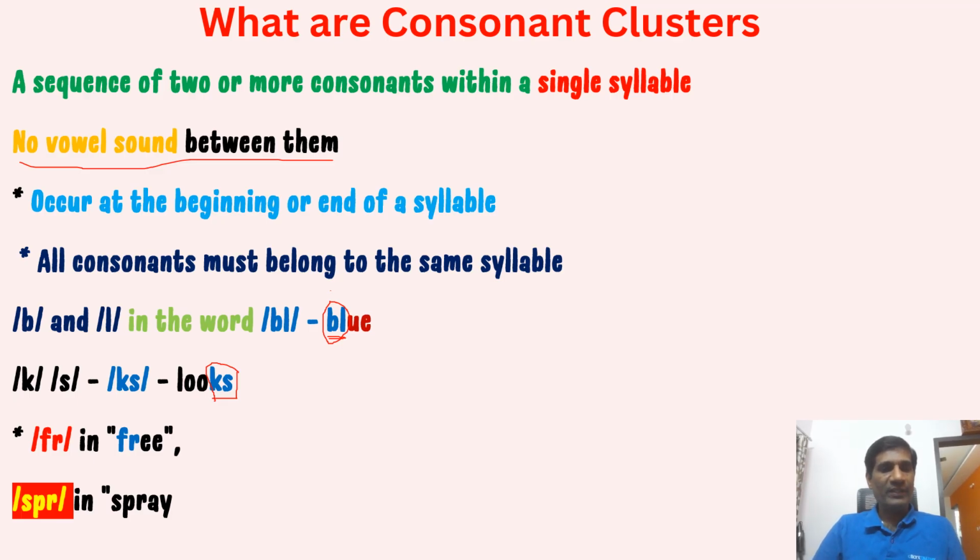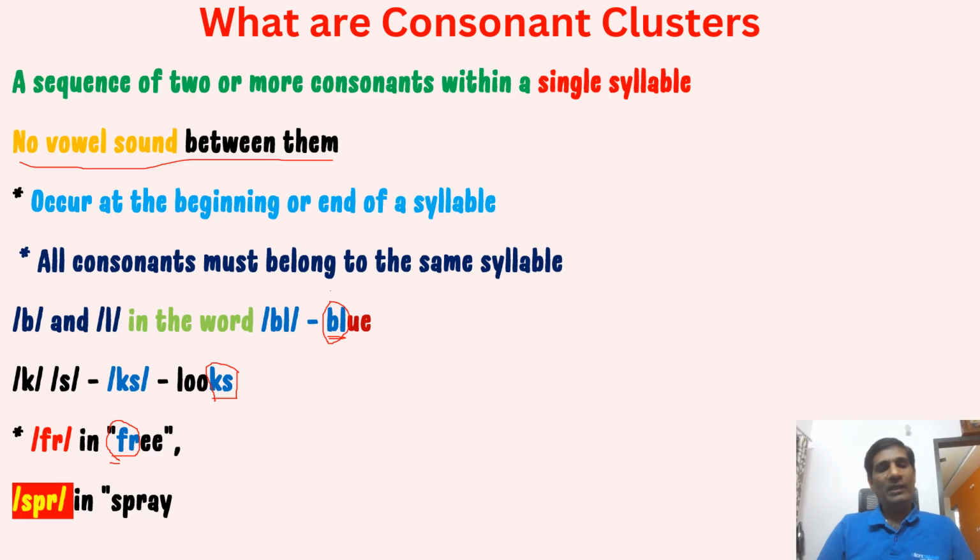Next word, free. Let's see, f, r. These two consonant sounds form a cluster. There is no vowel sound between them, and they are in the same syllable, so it's a one-syllable word. Then spray.